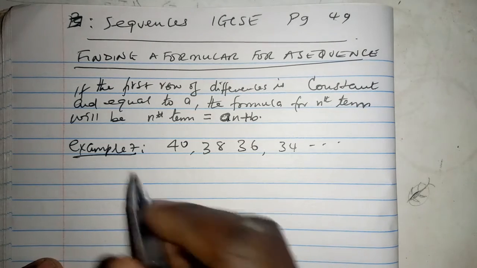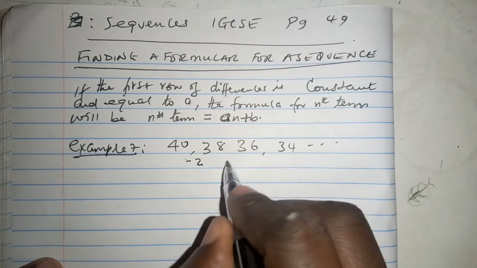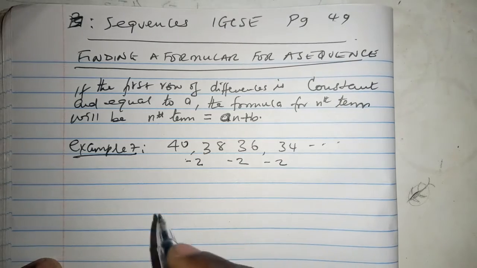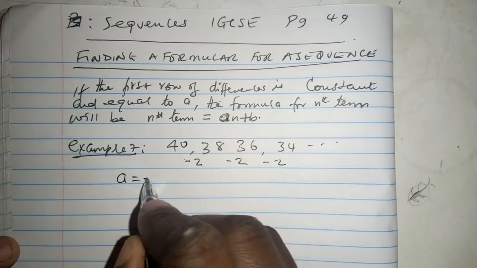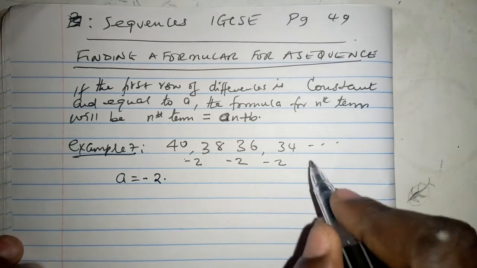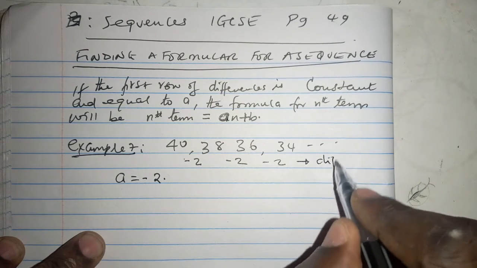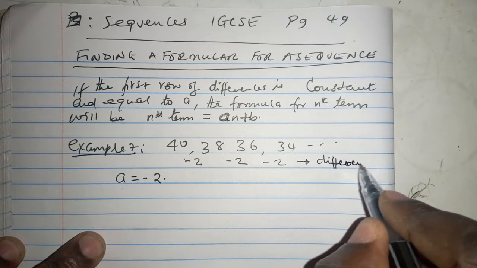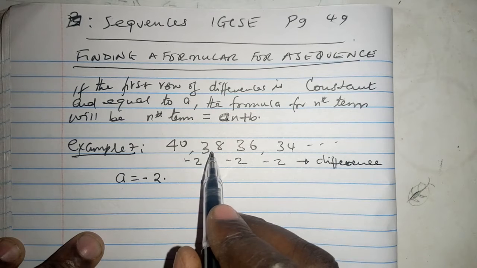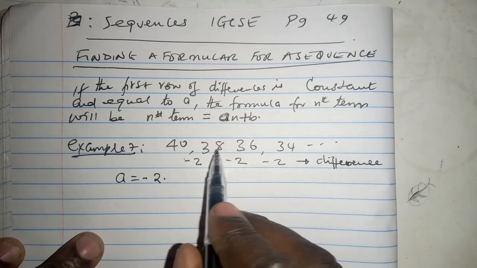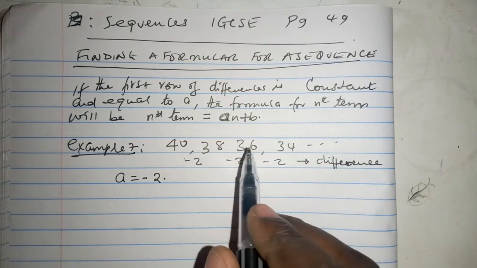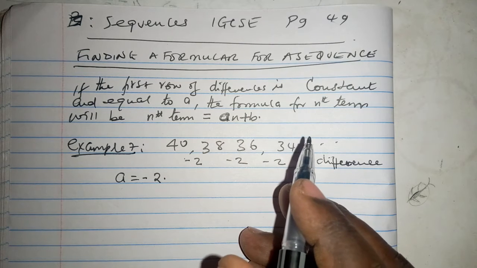Definitely the difference here is -2, -2, -2, so A is -2. The difference means one term minus the previous term. That is how we get the difference.